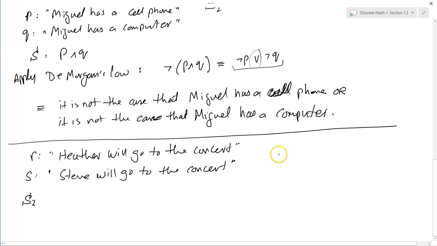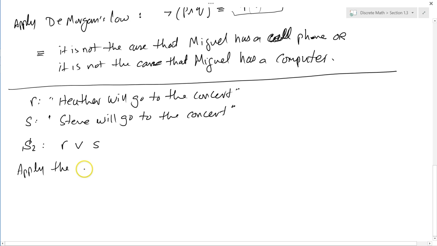S2, capital S2, can be written as R or S, and then we apply the De Morgan Law. So not (R or S) is logically equivalent to not R and not S.